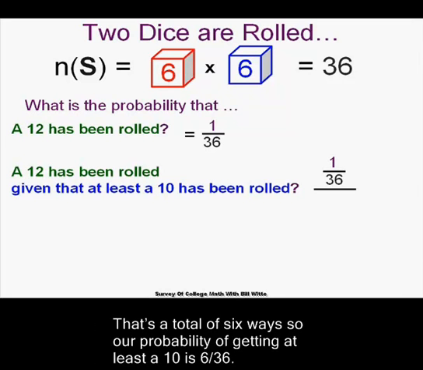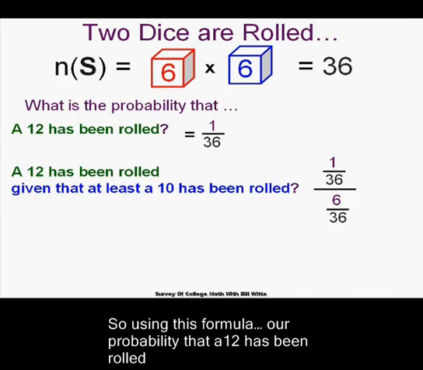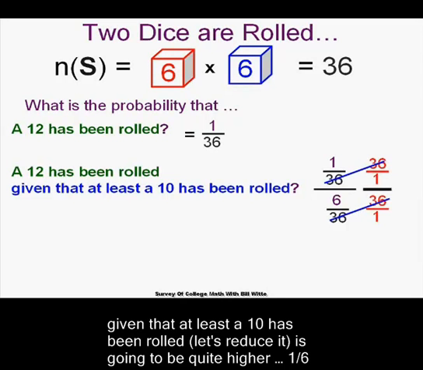So there's a total of 6 ways. So our probability of getting at least a 10 is 6 out of 36. So using this formula, our probability that a 12 has been rolled, given that at least a 10 has been rolled, let's reduce it, is going to be quite higher, 1 out of 6.